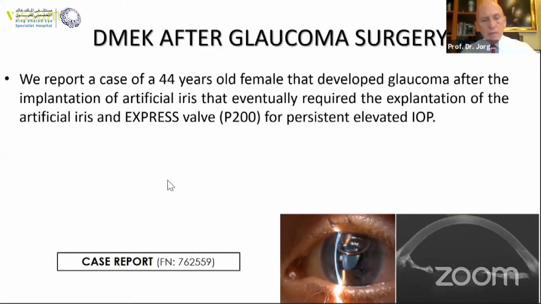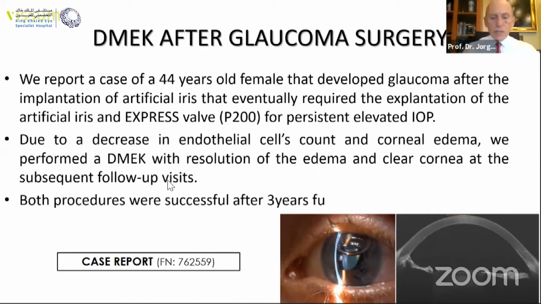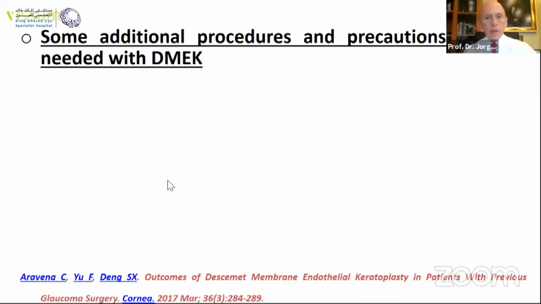Here in the image, you have the gas following the DMEK. This Express valve was there, and even with not a high volume of gas, the DMEK was extremely successful, and the patient had a total resolution of the edema and is still controlled now after 3 years of follow-up.